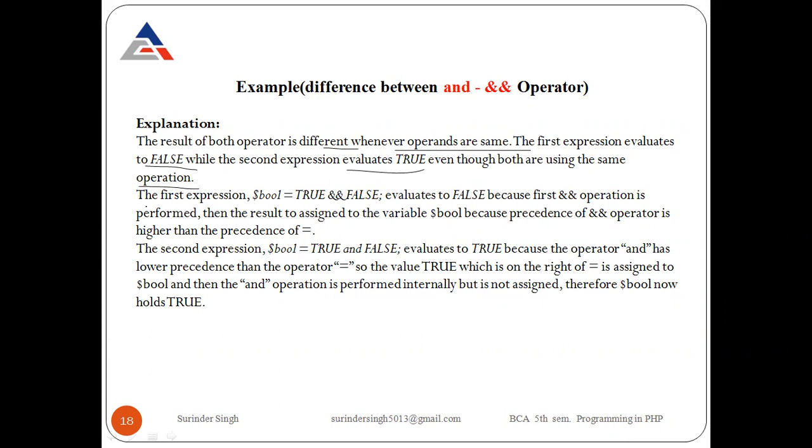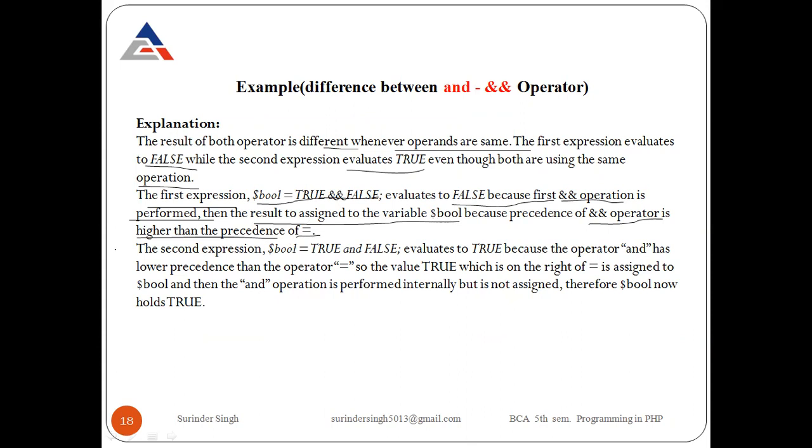The first expression, bool, evaluates to false because first the logical AND operation is performed, then the result is assigned to the variable bool, because the precedence of the AND operator is higher than the precedence of the assignment operator.